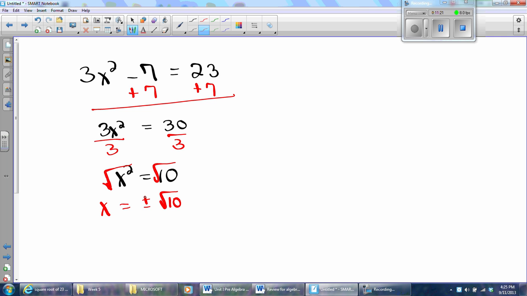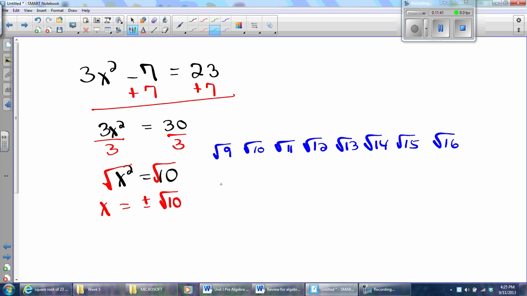Okay, well, if I want to get a rational estimation of it, I'm going to go square root of 9, square root of 10, 11, 12, 13, 14, 15, and 16. So the square root of 9 is plus or minus 3. Square root of 16 is plus or minus 4.